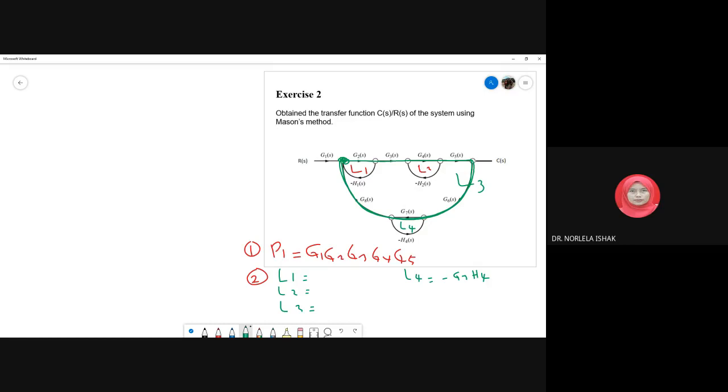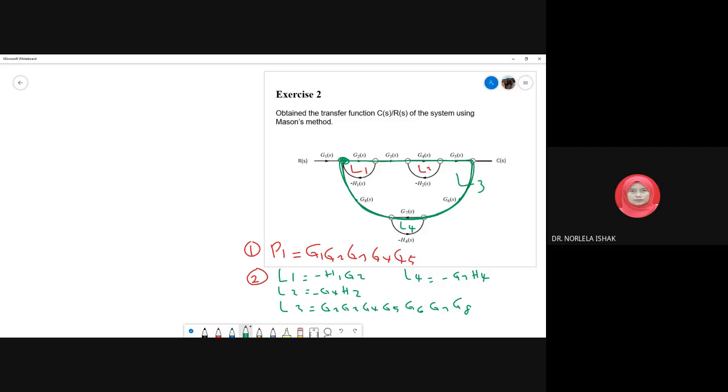So L1 kita tadi adalah minus G2, H1. Dan L2 is G4 and H2. And our L3 is G2, G3, G4, G5, and then they come back through G6, come back through G7, and then come back through G8. Okay? Correct? Yes. Okay, good.